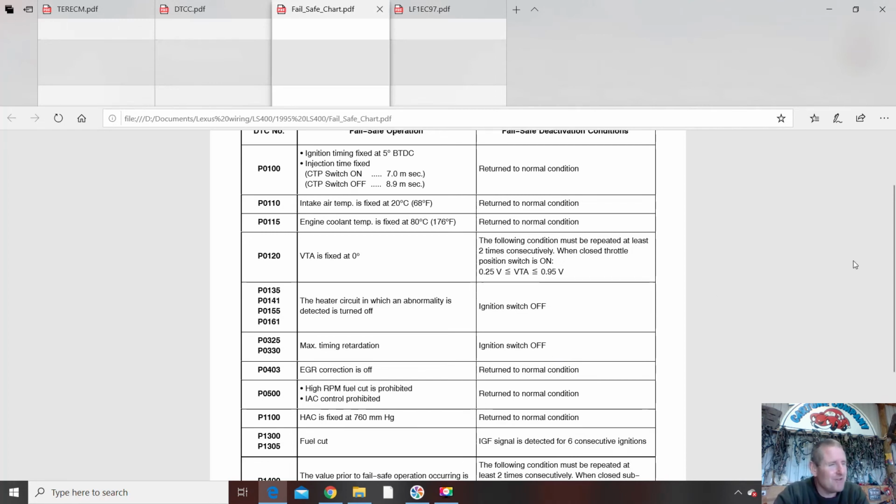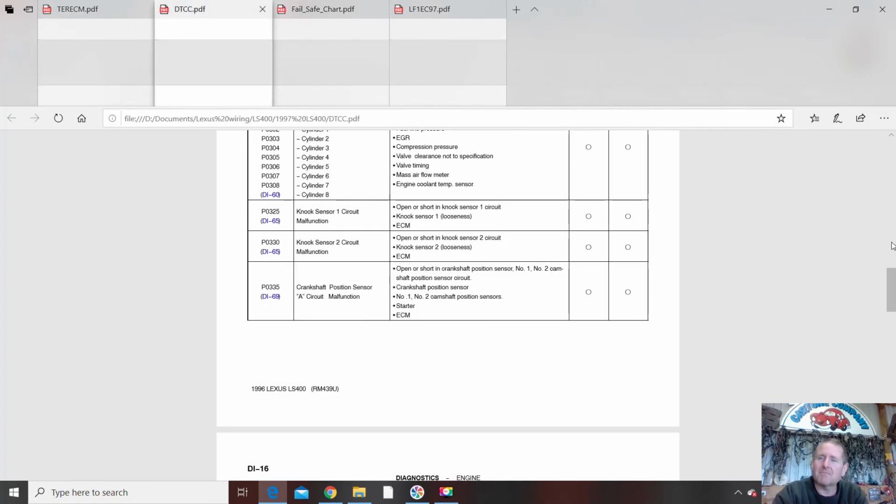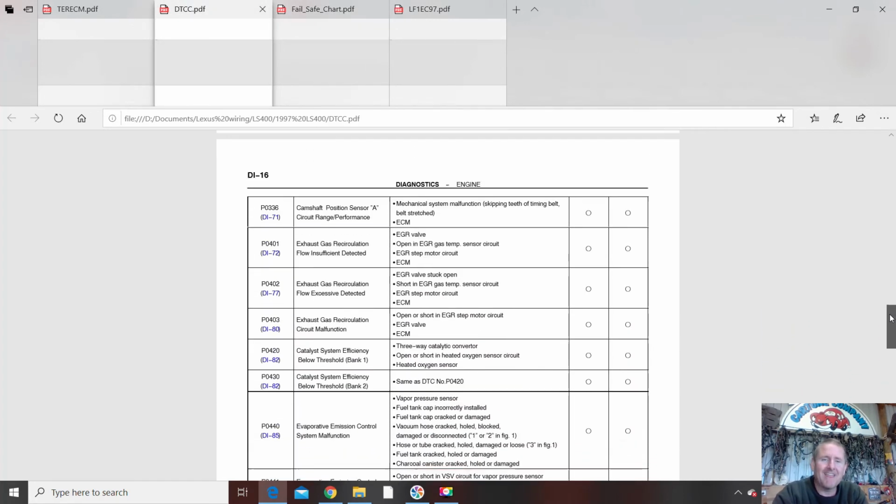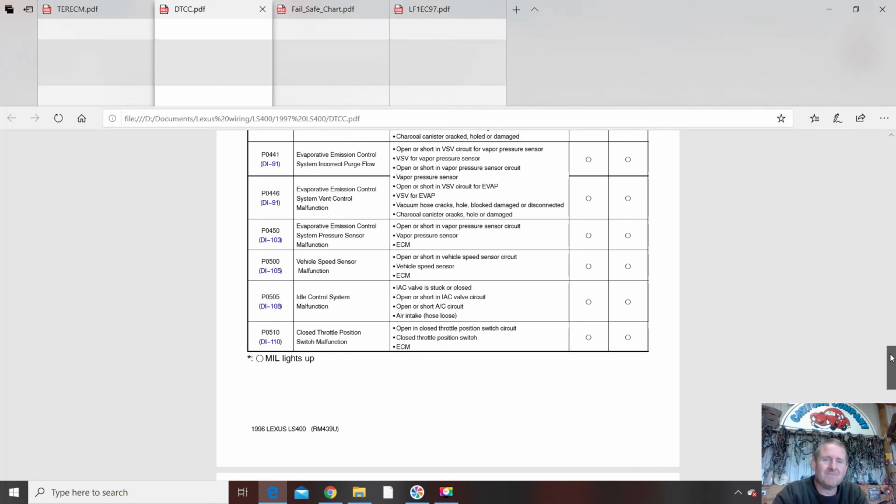Now this one is really interesting. P0500, and I like P0500. Vehicle speed sensor malfunction.